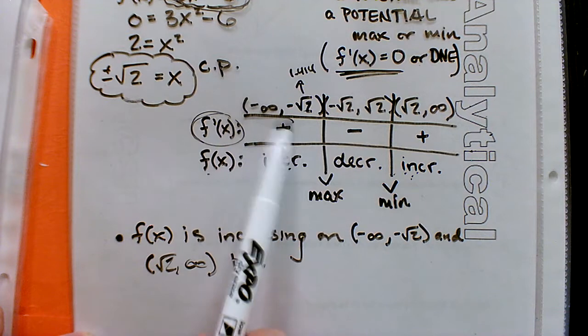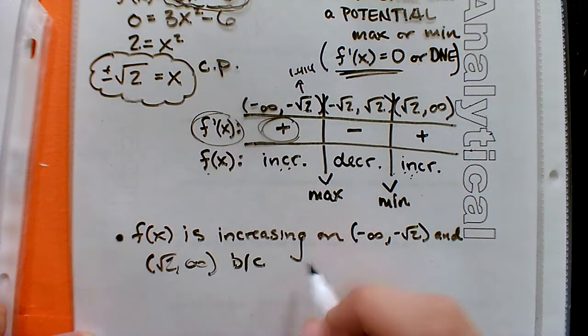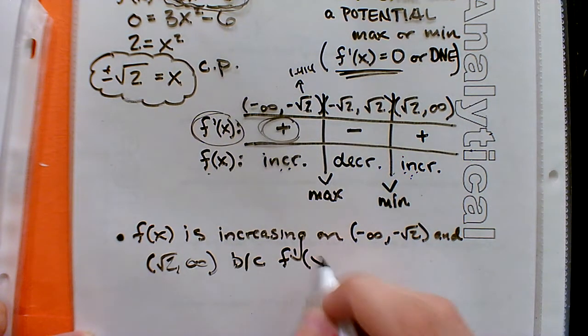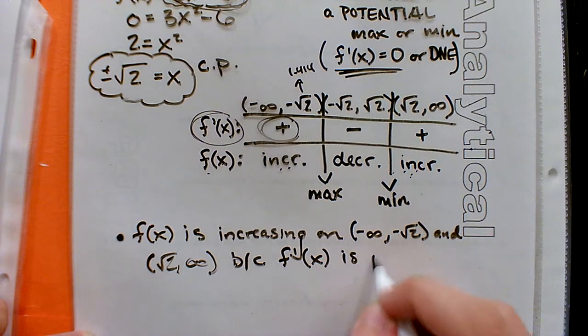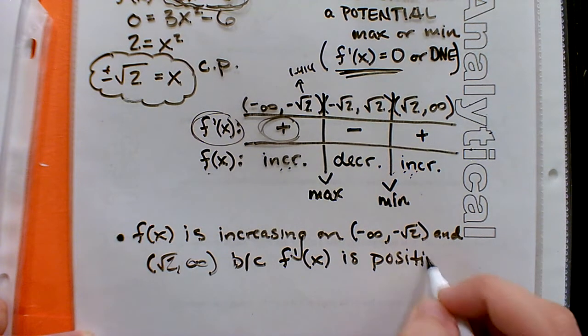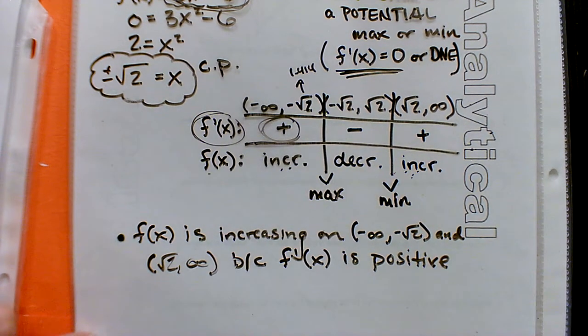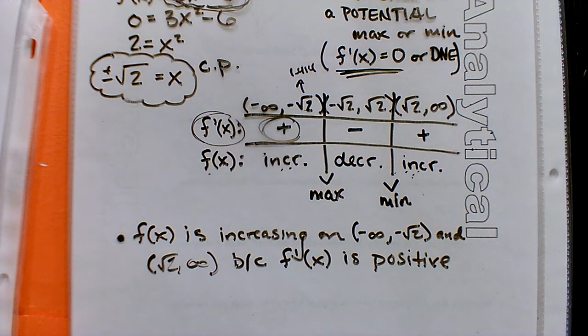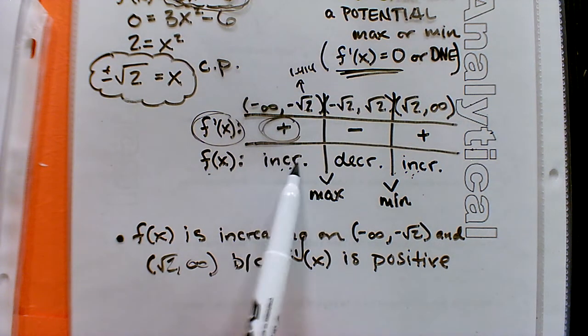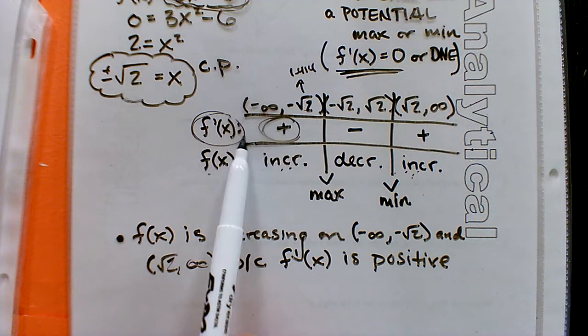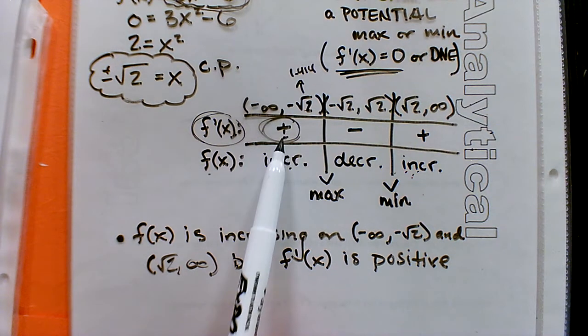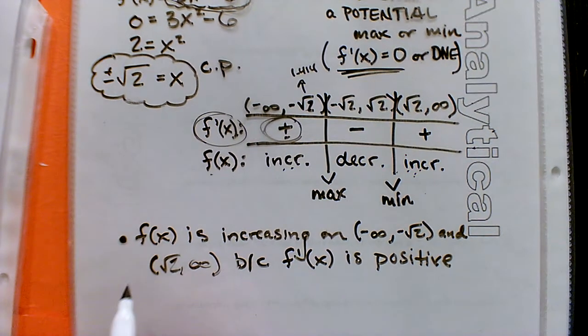The derivative was greater than 0, aka positive. So we'll say because f prime is positive, f prime is greater than 0. Any phrasing like that means the same thing. Perfectly fine. Okay, we knew we could write increasing here because the derivative was identified as positive. That's your reason. That's your justification.